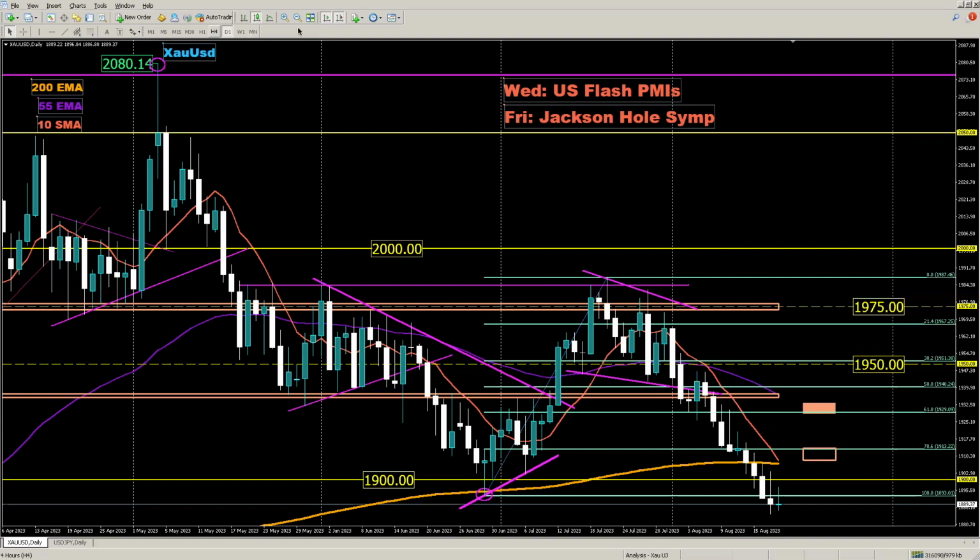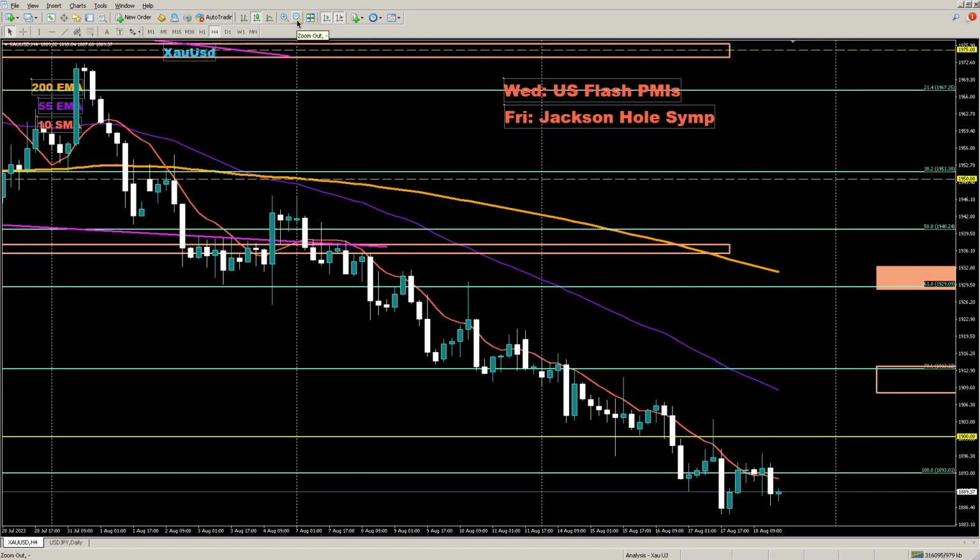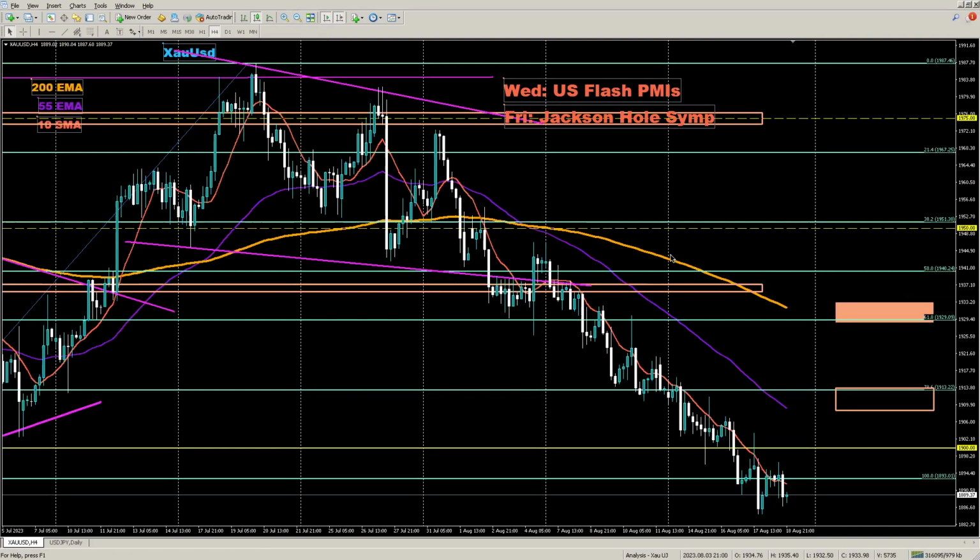And just a quick look on the 4-hour time frame. It has been steadily falling lower.